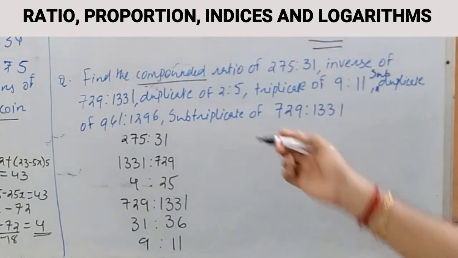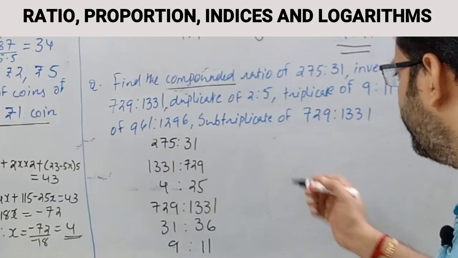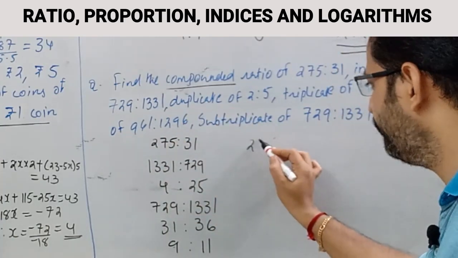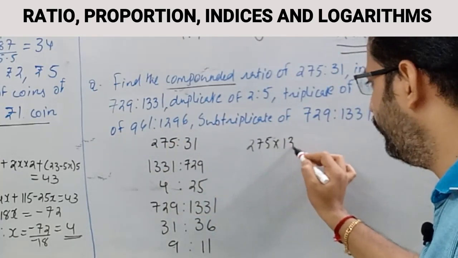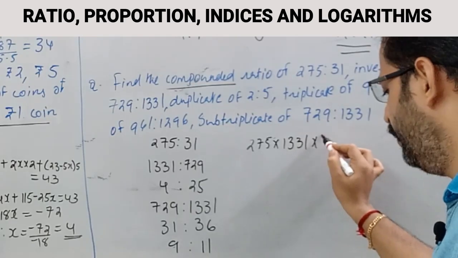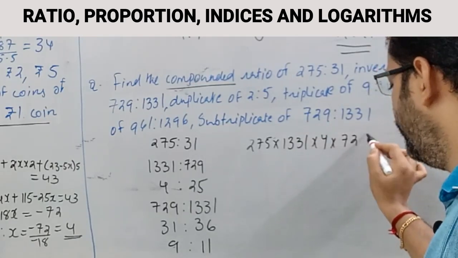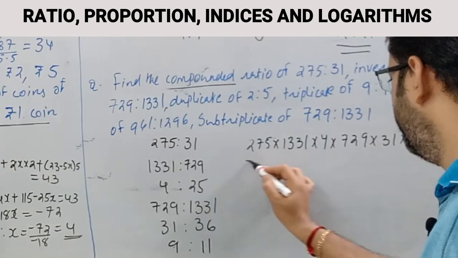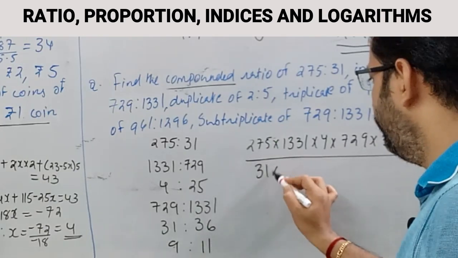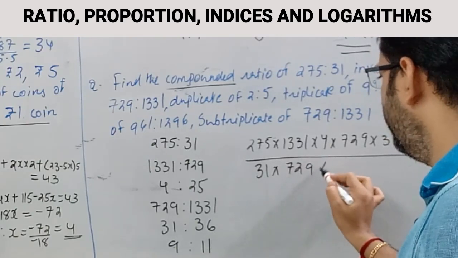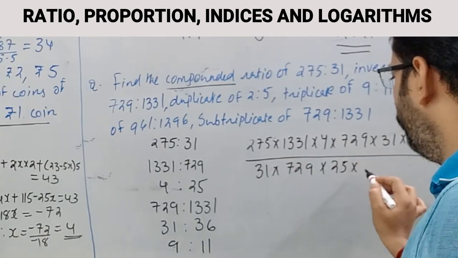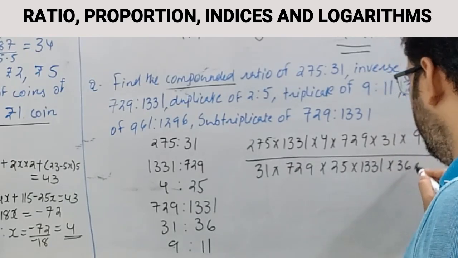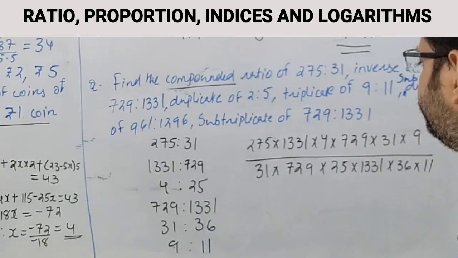The compounded ratio will be the product of antecedents is to the product of consequents. Antecedents: 275 into 1331 into 4 into 729 into 31 into 9, divided by 31 into 729 into 25 into 1331 into 36 into 11.